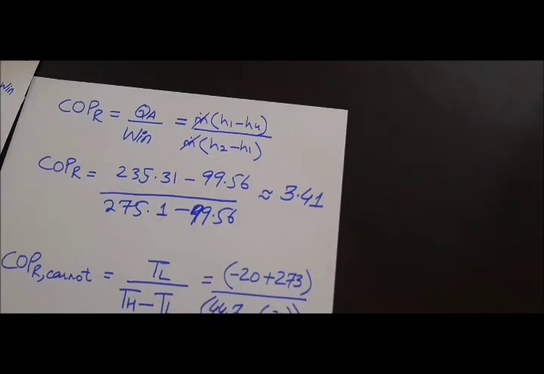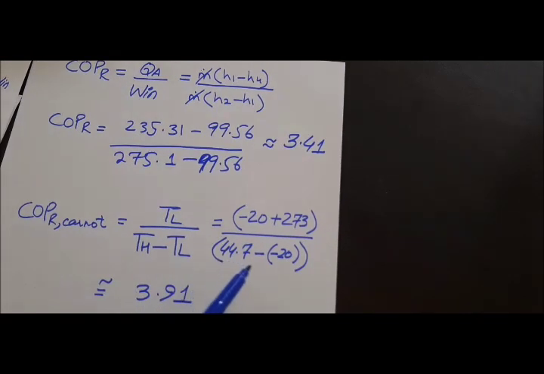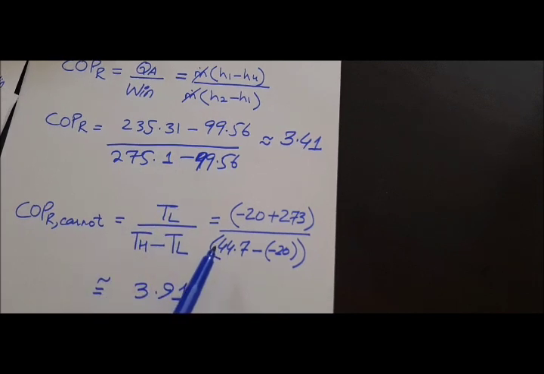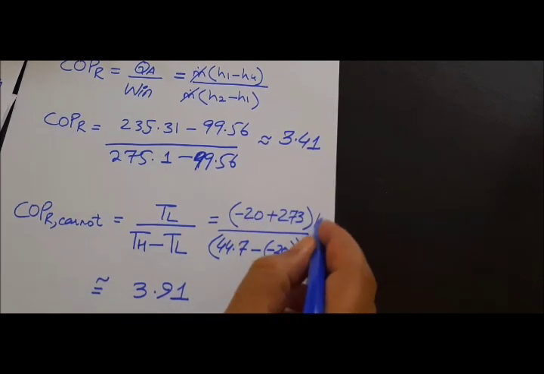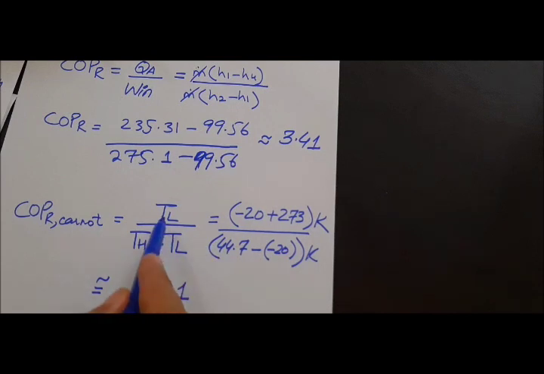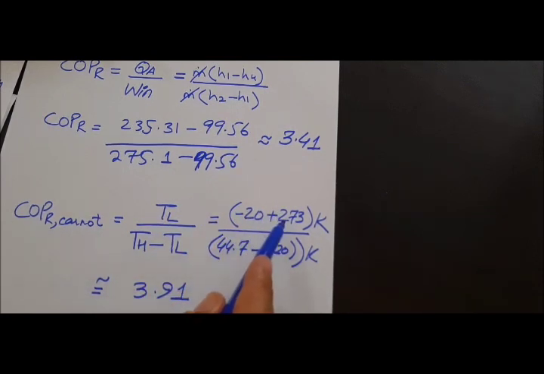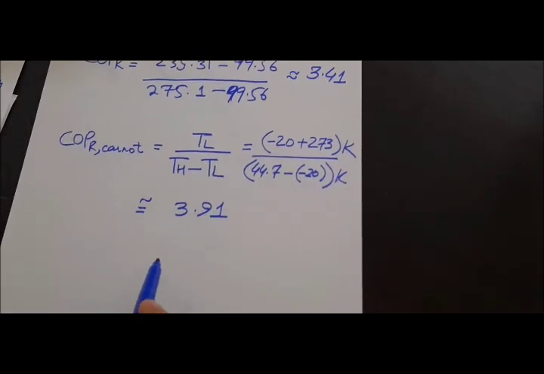So 44.7 is the maximum temperature minus the lower temperature, and this is not converted because it is a change, and we know that a change is always the same in Kelvin as well as in degrees Celsius. But since this one is alone, not a change, we have to add 273 to convert it into Kelvin.